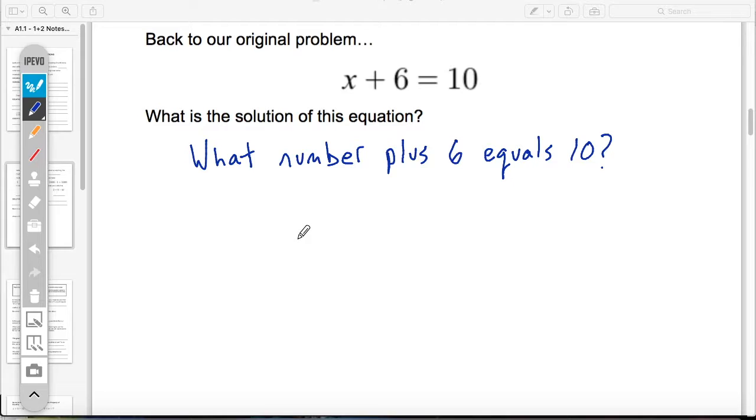Well, that's not too difficult. Even if we count on our fingers, we put up 6 fingers. How many more fingers do we need to get to 10? Assuming you have 10 fingers, you only need 4 more. So our solution is x equals 4.